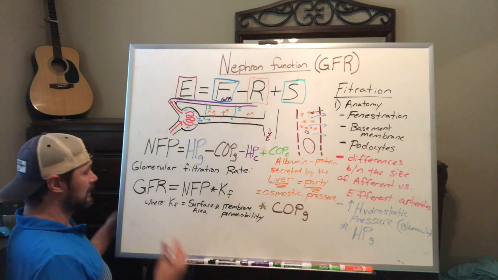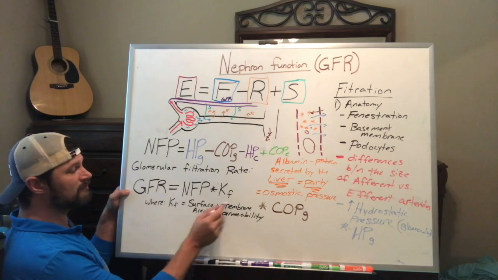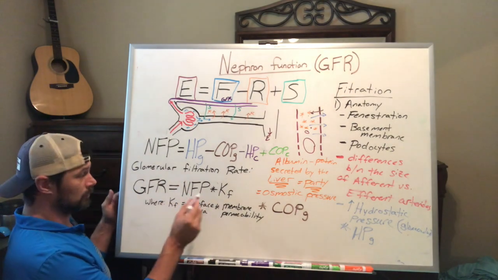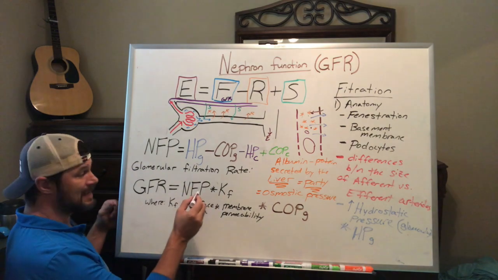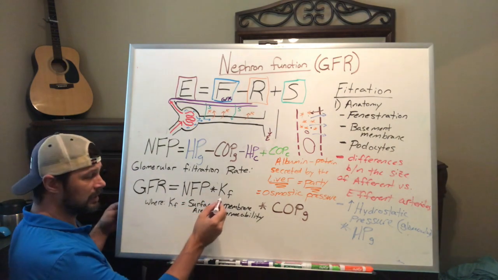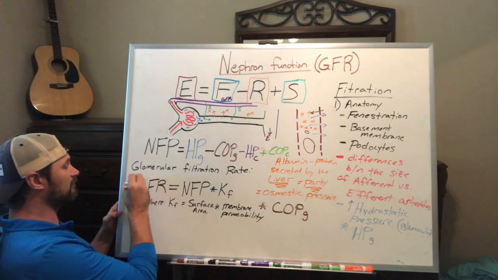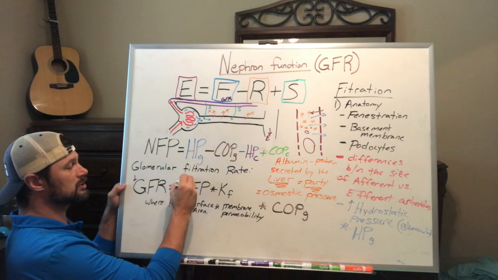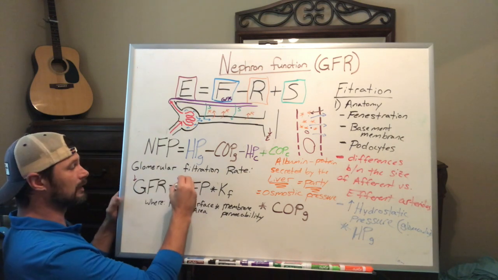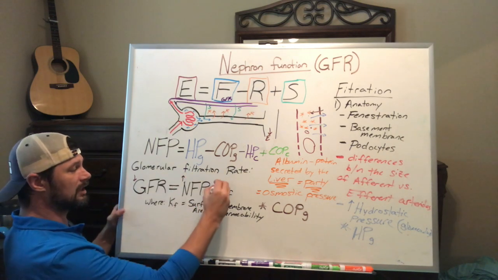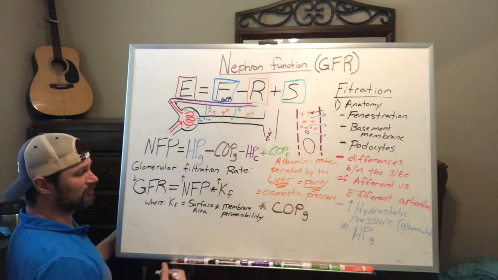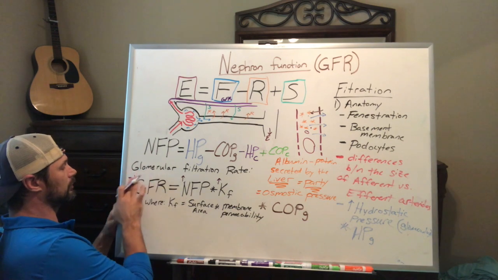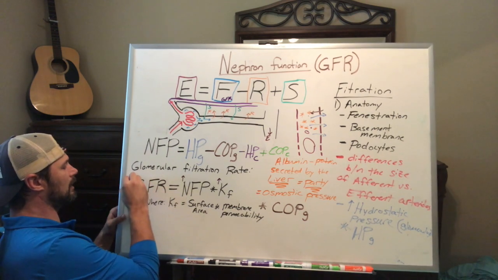How? If GFR is too low, what two variables can we change to bring it back up? What two variables? NFP and the filtration coefficient. So if GFR drops, how are we going to get this back up? The body is going to try, through negative feedback loops, to increase NFP and to increase the filtration coefficient to try to get this back to normal, trying to bring GFR back up.